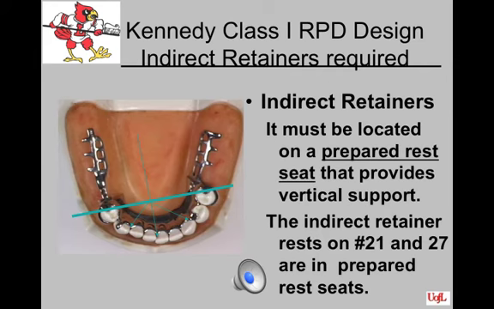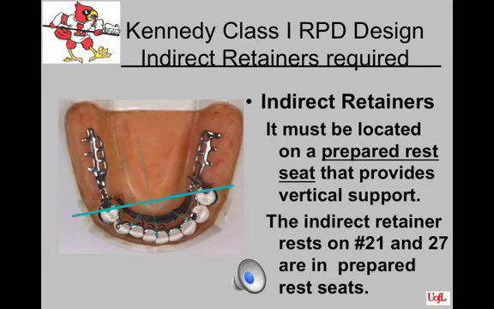In this particular case, we're showing the indirect retainer on number 21 in the mesial. This is a more appropriate position because it's not that far from the actual canine incisal rest, but there usually isn't a lot of occlusion in that area, so we have to do minimal reduction of the tooth, whereas on number 22 and 27, we may have to reduce sufficiently in order to clear enough room for those incisal rests.